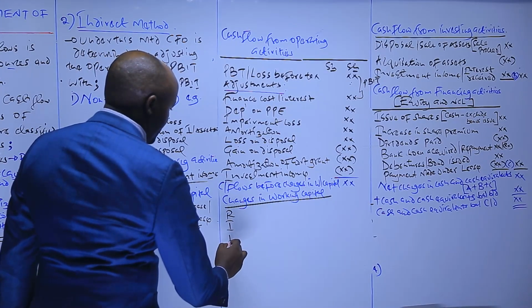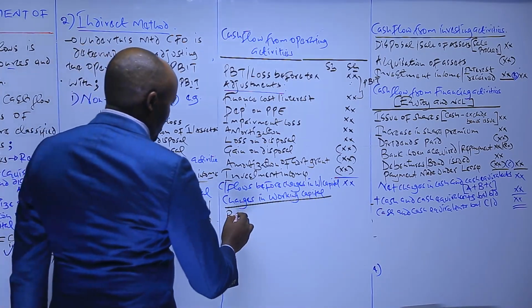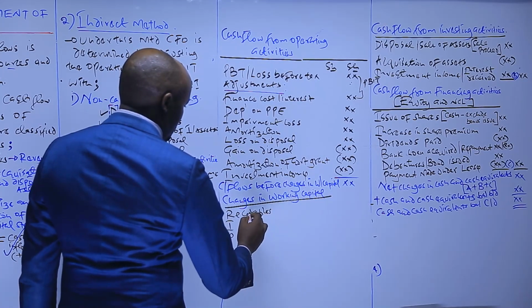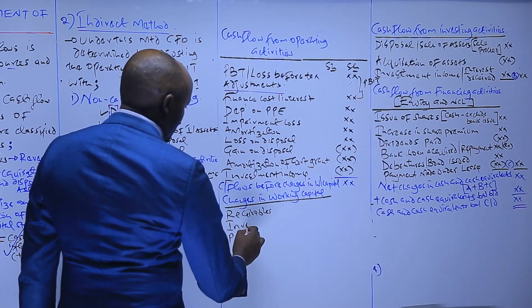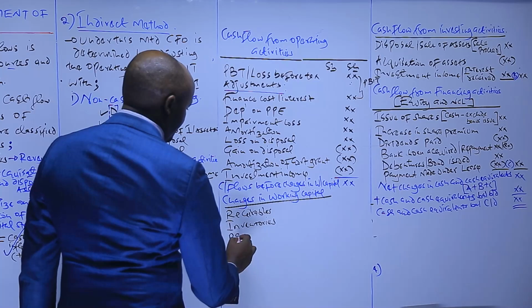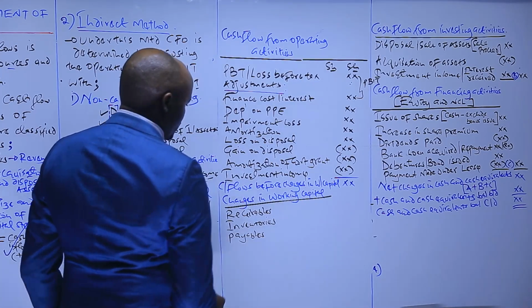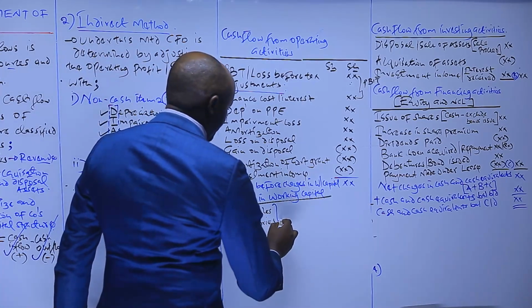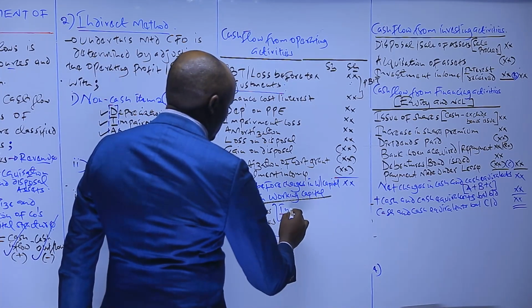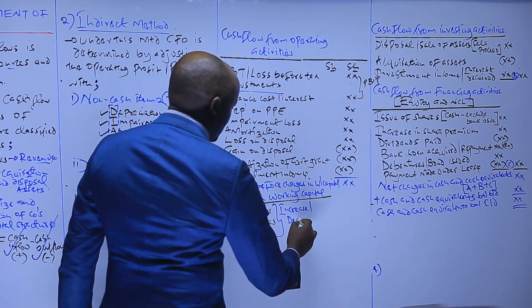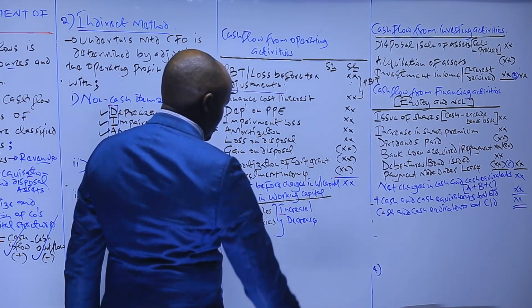You just need to remember the acronym RIP. Here R stands for receivables, I stands for inventories, and P stands for payables. As far as these items are concerned, what you just need to do is to determine whether there was an increase or decrease during the current financial year.